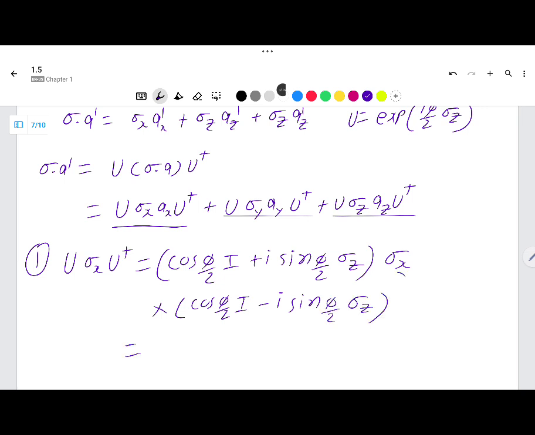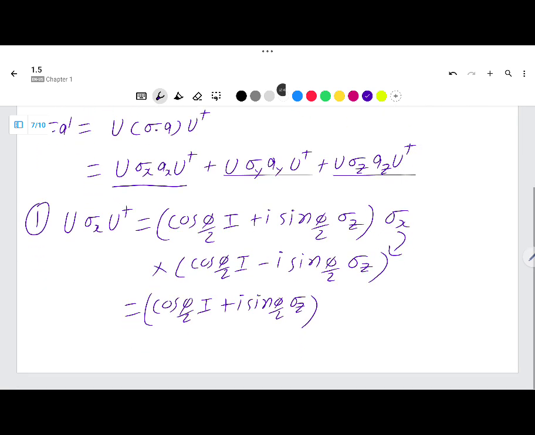So I multiply the sigma x inside, giving cos phi by 2 sigma x plus I sin phi by 2 sigma x sigma z. Be careful about this order. At first it is sigma x and then there is sigma z.